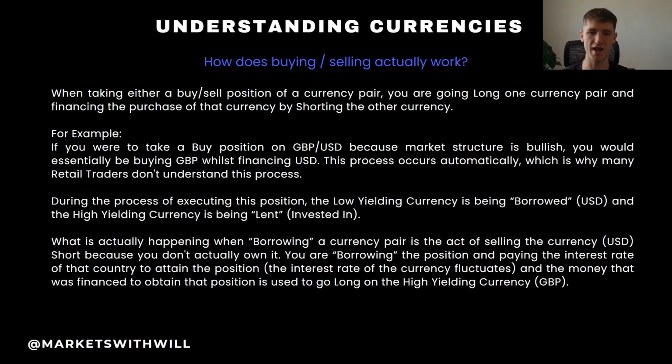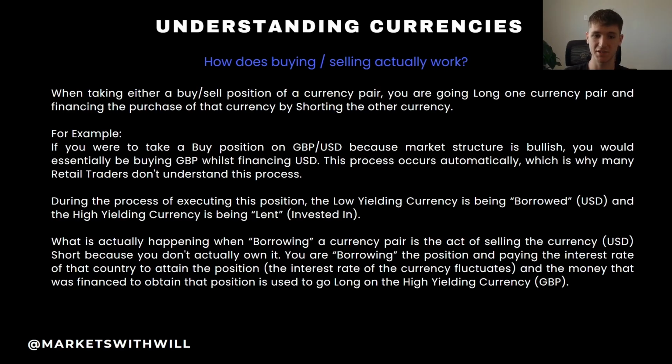During the process of executing this position, the low yielding currency is being borrowed, which is USD in this example, and the high yielding currency is being lent or invested in, which is GBP. What is actually happening when borrowing a currency is the act of selling the currency, USD in this example, short because you don't actually own it. You are borrowing the position and paying the interest rate of that country to attain the position.